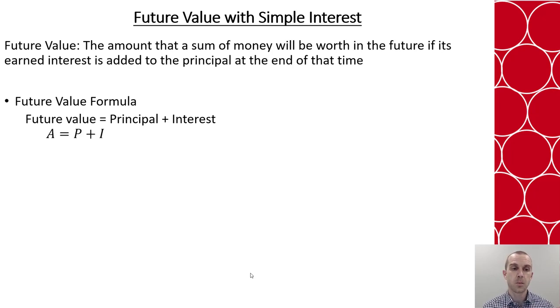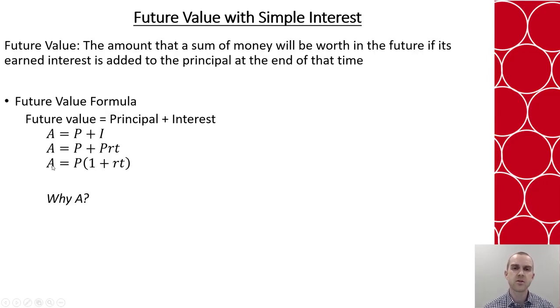So instead of putting an F, we often will see the letter A for future value: A = P + I. Now, a minute ago, we talked about the formula for finding interest, which was P times R times T. That's helpful because now we can say this is P plus P times R times T. We can use distribution and say that really this is P times the quantity 1 plus RT. And this formula is what you will most commonly find for the future value with simple interest.